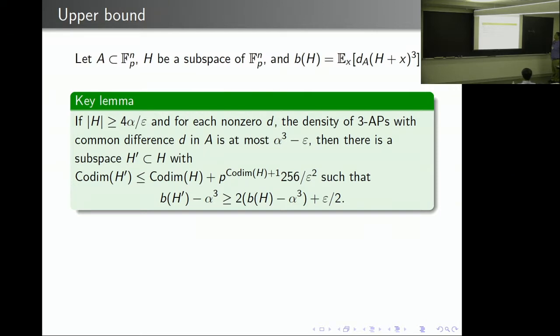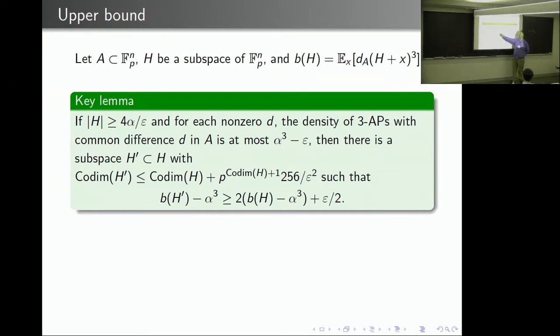Okay, so we're going to do a density increment argument involving this mean cube density. If you have a subspace H that's not too small, and for each non-zero d in F_p^n, the density of 3APs with common difference d in A is at most alpha cubed minus epsilon, then you can find a subspace H' of H, and you can bound the codimension of the subspace.